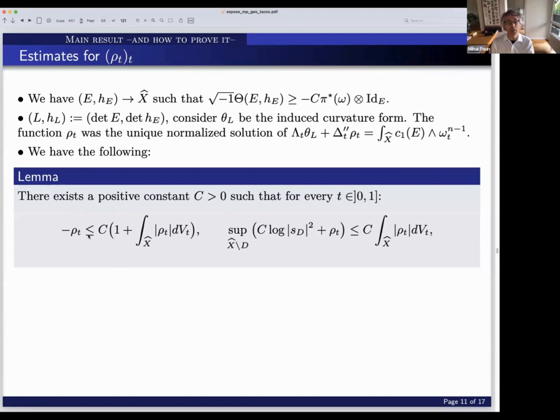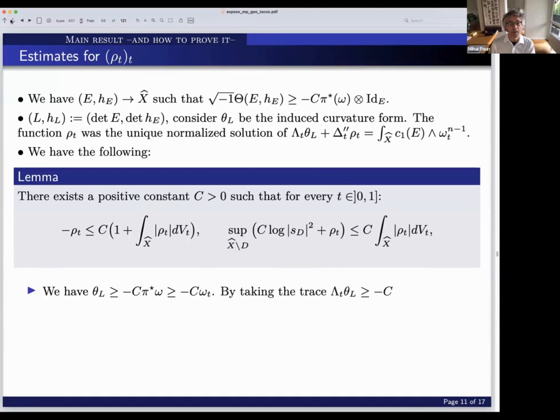So rho t is bounded from below universally in terms of its L1 norm, and the bound from above is a bit less precise, but it is bounded by a constant times log of 1 over |s_D|^2 plus the L1 norm of rho. So we have the constant, which is independent of t, times the log of the equation of the exceptional divisor, which comes into the picture here.